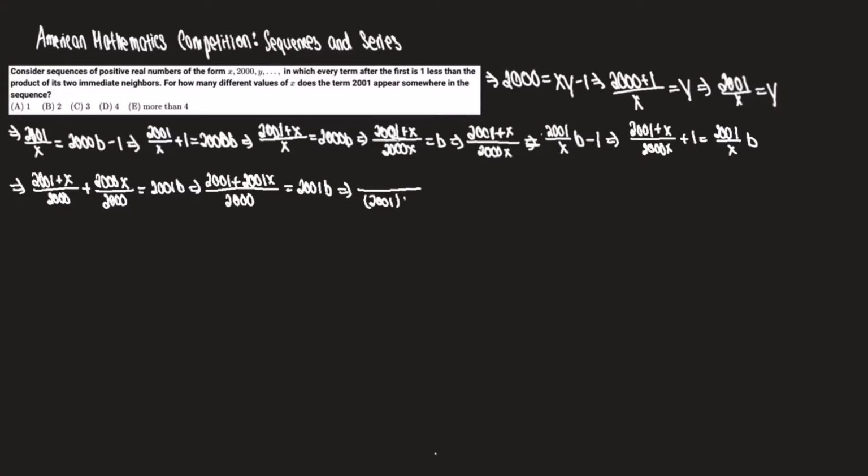We can factor out the 2001s. In the numerator, we get 1 plus x. 2001 cancels out, and then we have b. So simplifying, 1 plus x divided by 2000. And it still doesn't look like we have a pattern. So let's continue.